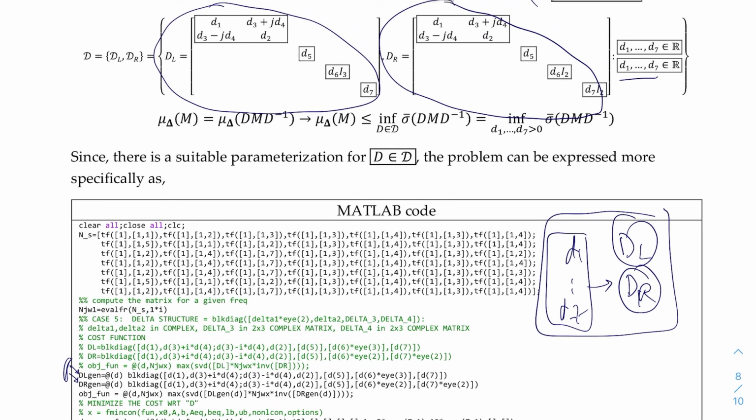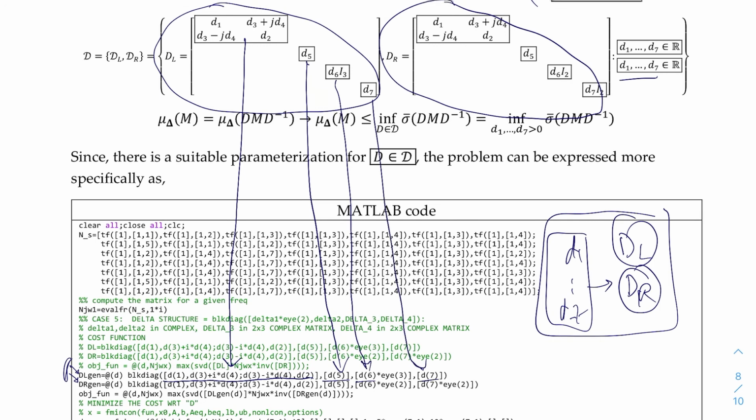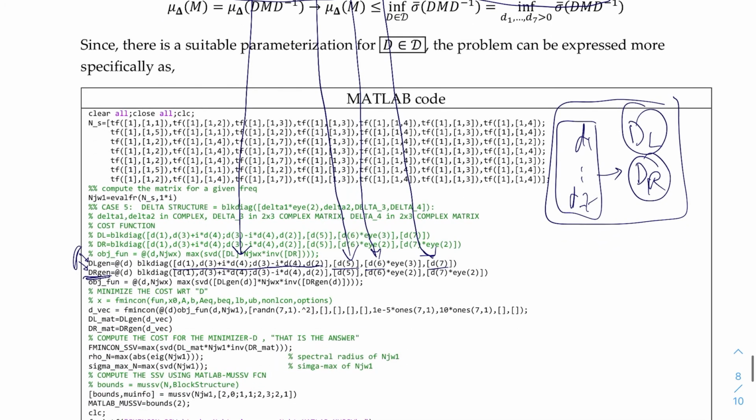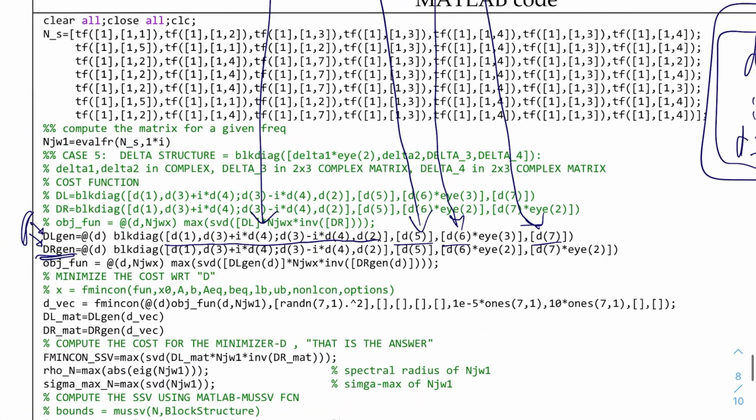And if you look at the structure here, this and this are the same, right? Here is only D5, and this is only D6, and this is only D7, right? Again, same for the right DR.